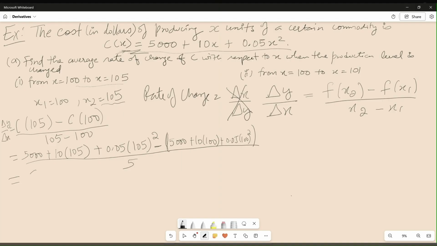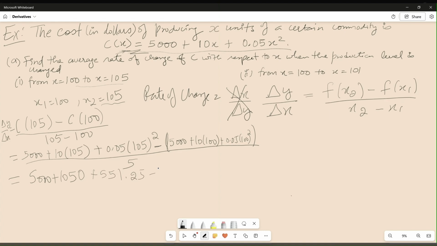Let's just simplify this expression real quick. 10 times 105 is what? 1050, plus 0.05 multiplied by 105 squared, which is equal to 551.25.